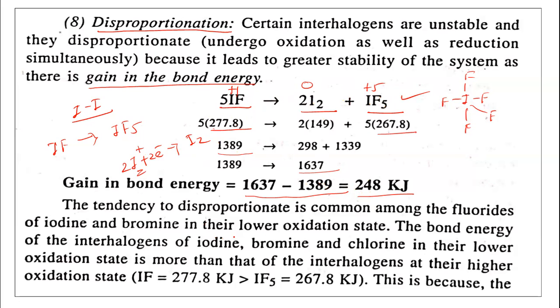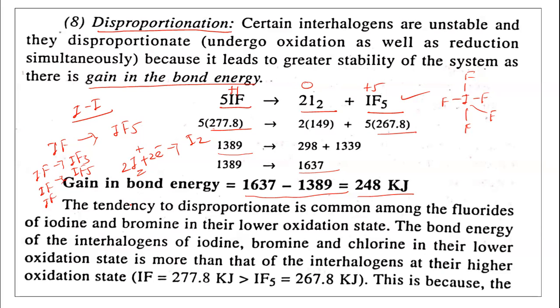So the tendency to disproportionate is common among the fluorides of iodine. Generally, IF is converted to IF3, IF is converted to IF5, and also IF is converted to IF7.